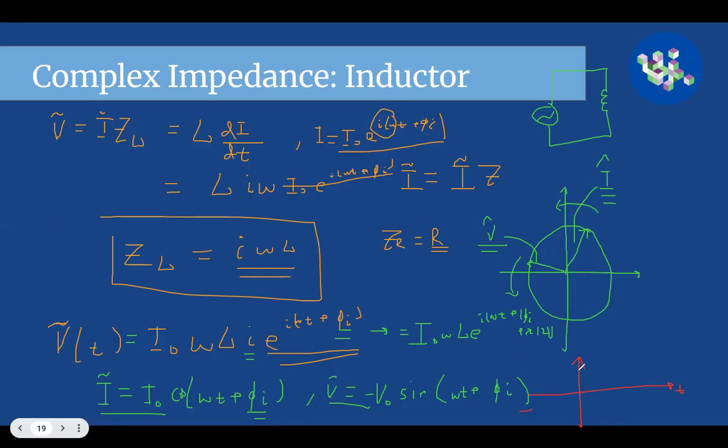Then the graph of the current, let's draw it in yellow, will look something like this. This is my graph of current. So that's going to be my current. And now my voltage has the negative sine, so instead the voltage will look something like this.